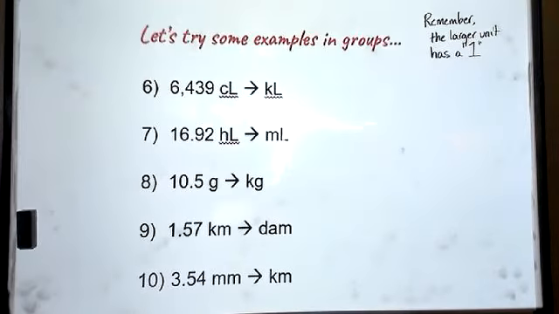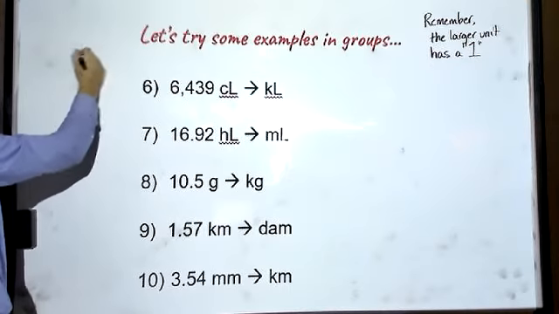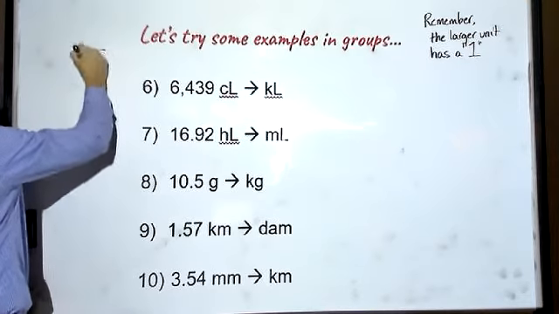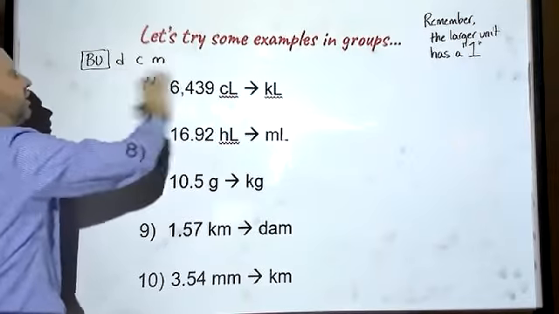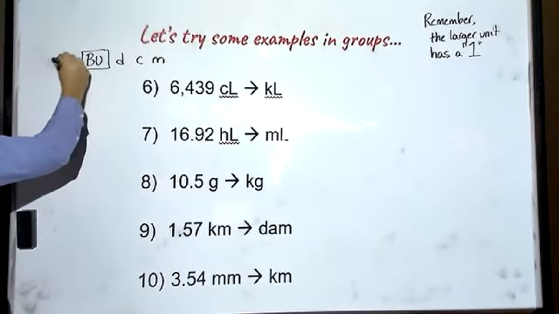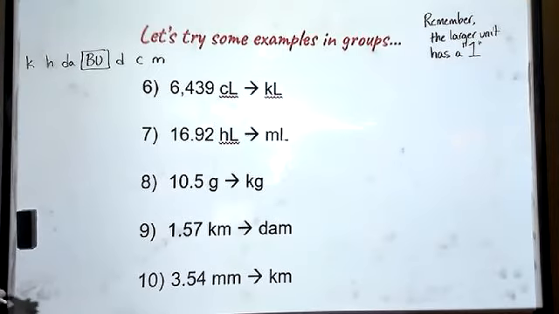And then the other point is I want you to just remember the quick base units here. So we have deci, centi, milli on the smaller end, and on the larger end we have deca, hecto, and kilo.